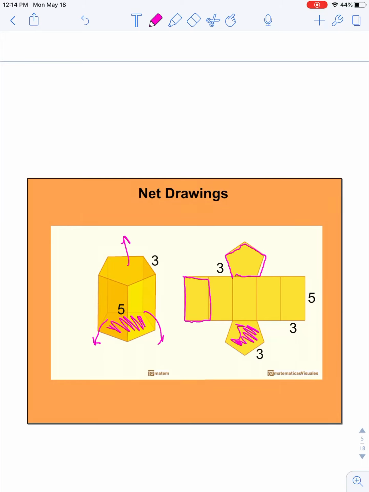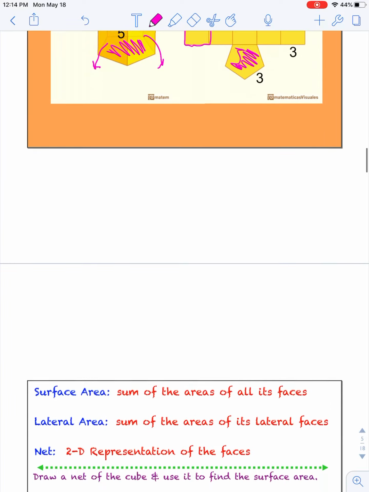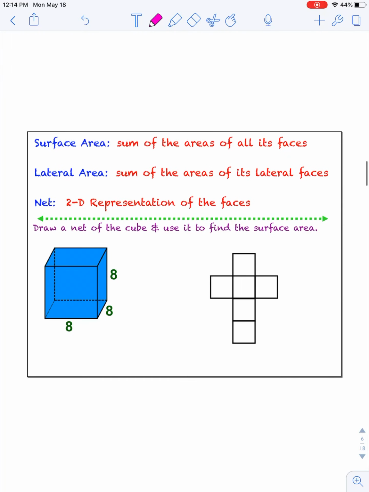So that's really what surface area is. It's the square units that fit around the outside of a prism or pyramid or cylinder, etc. So surface area is really just simply the sum of all the areas of all of its faces. The lateral area is the lateral faces, and the net that we have is a 2D representation.